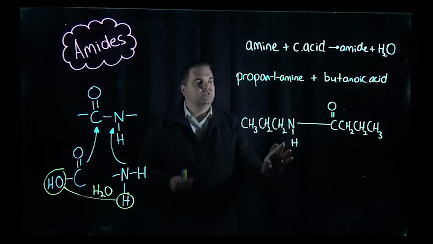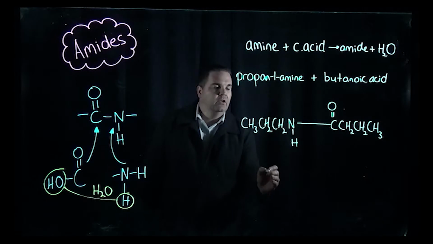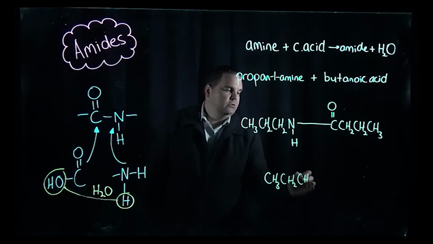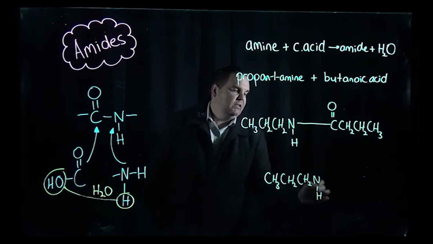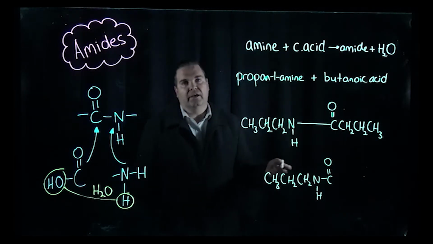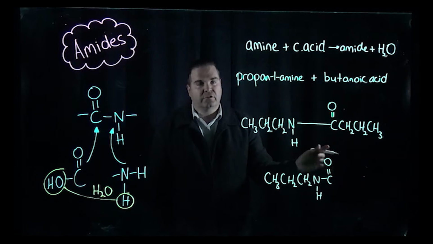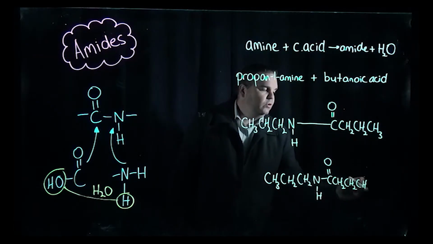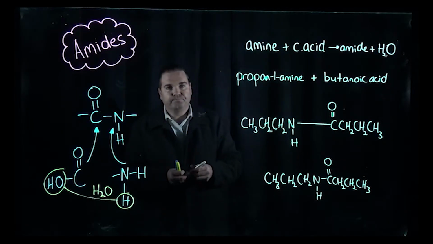So what you can do is redraw this molecule now. And the good thing is that they're not going to ask you to name these in the exam. So when you're doing the amide, it's usually good to have the hydrogen on one side, the carbonyl, the oxygen on the other side, and you end up with your amide like that.